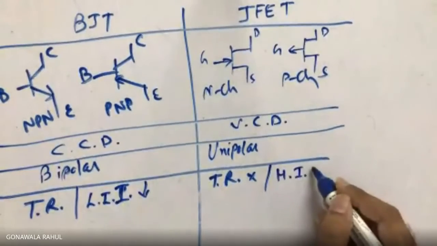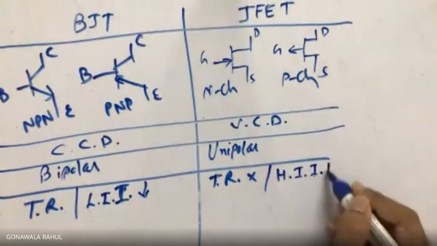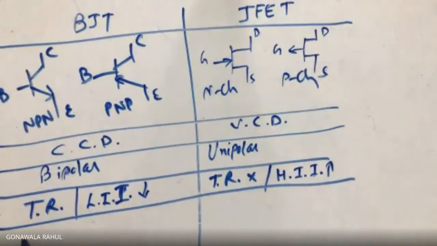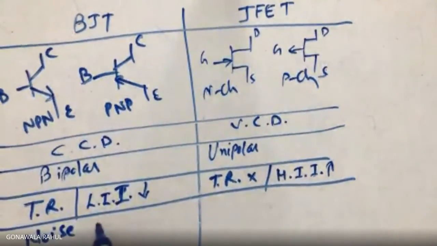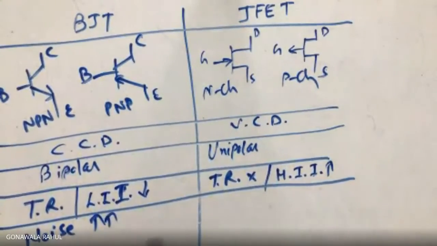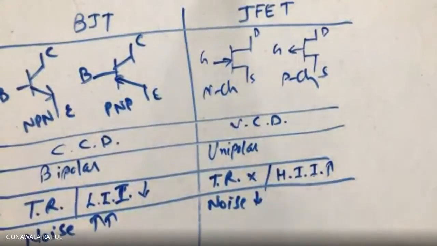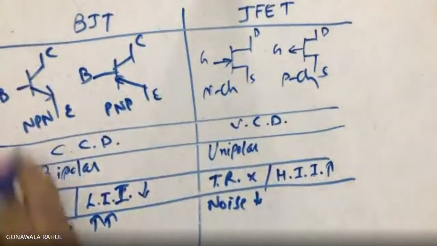Noise generated by BJT is quite higher, while noise generated by JFET is lower compared to BJT.